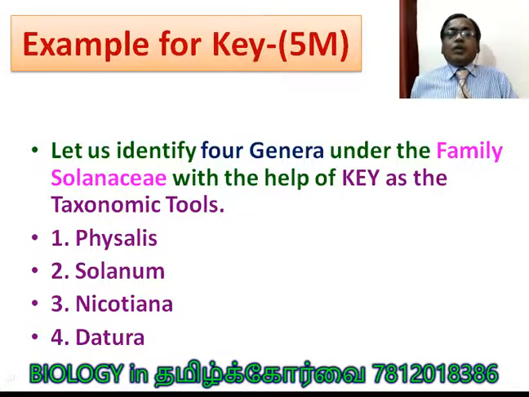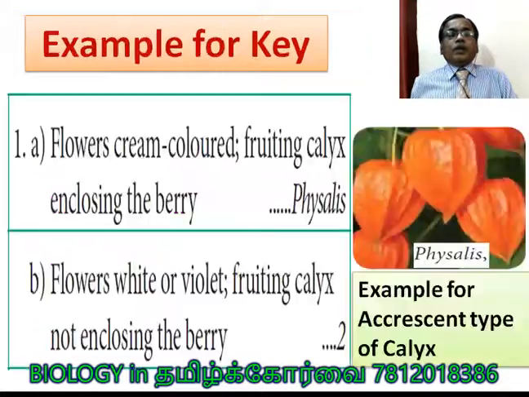Likewise, the question can be asked under the title called key. So here we are going to identify 4 genera in the family Solanaceae: Physalis, Solanum, Nicotiana and Datura, with the help of the key.